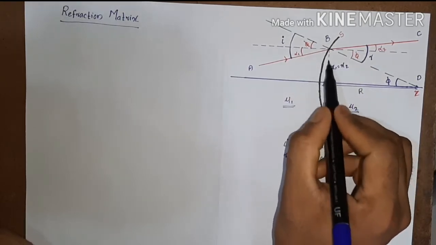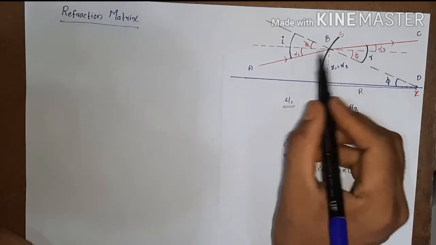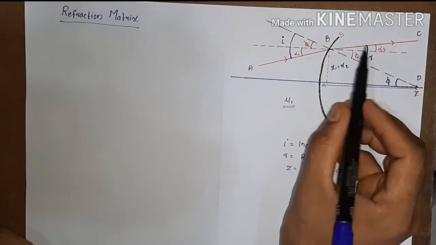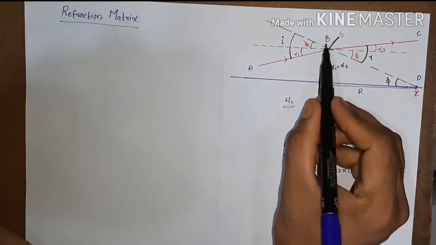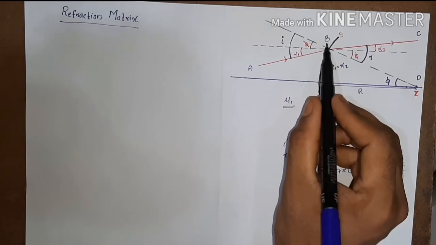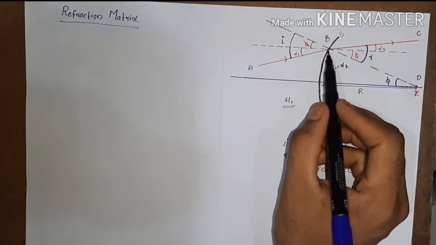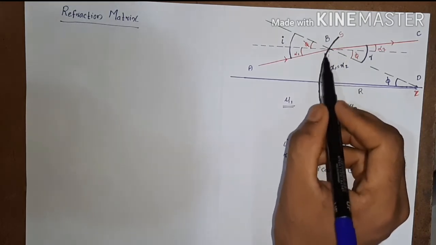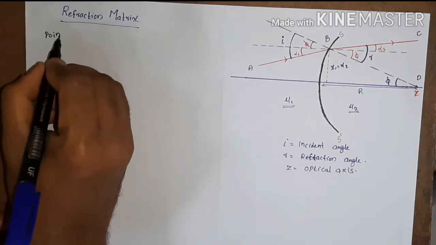So this vertical distance and this angle create the coordinates of point B. I have already discussed that point B is the point where the process of refraction takes place.